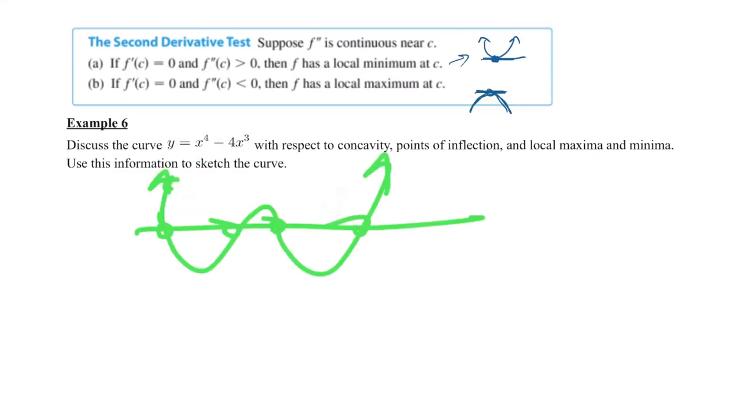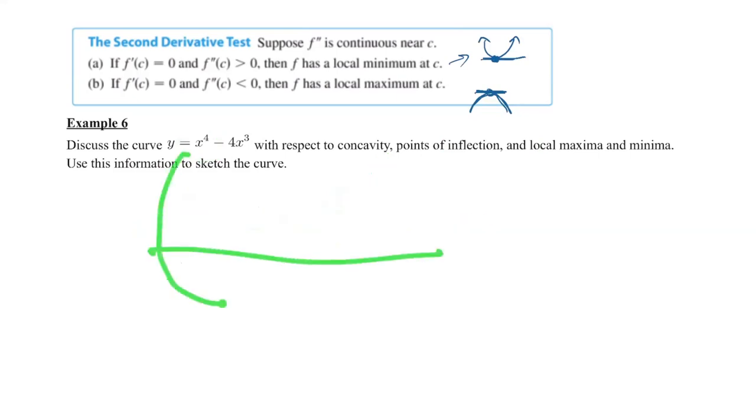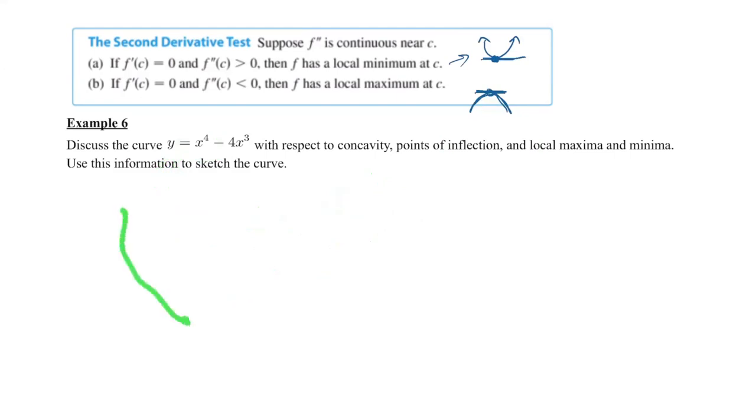It doesn't have to, or it could be like this, 1, 2, 3 points. So just be careful. Initially it's going to go down, towards the end it's going to go up, and in the middle it'll go up and down. It depends. All right, guys, give it a shot.